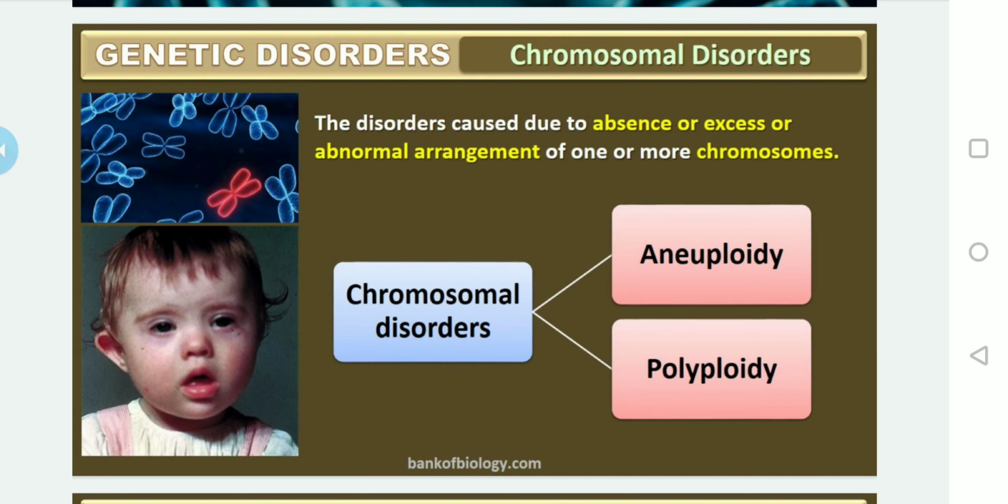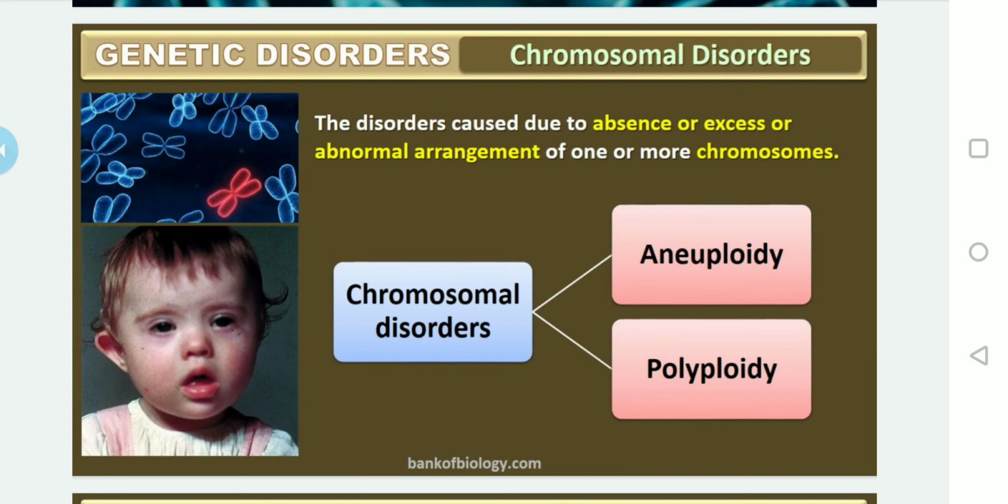What is aneuploidy? Aneuploidy is a condition which involves the addition or deletion of one or 2 chromosomes in the diploid state. That means 2n is equal to 46.